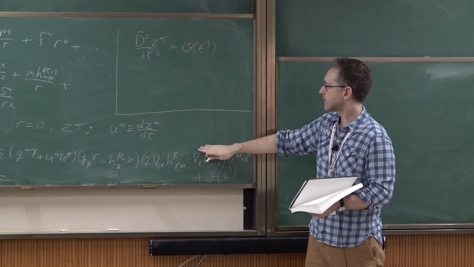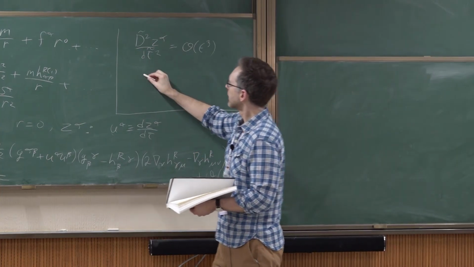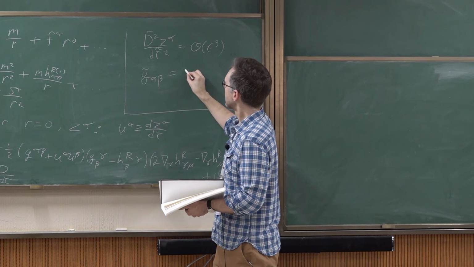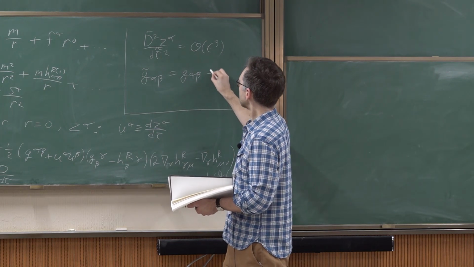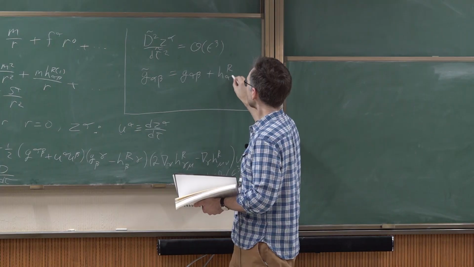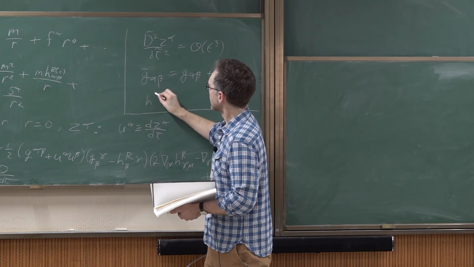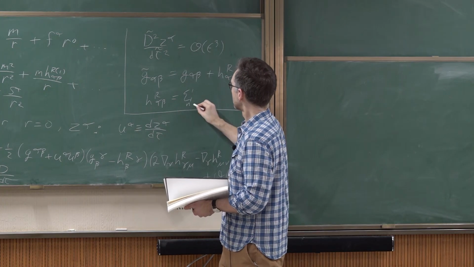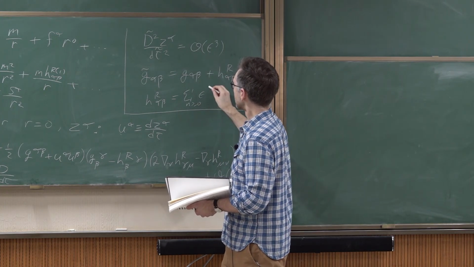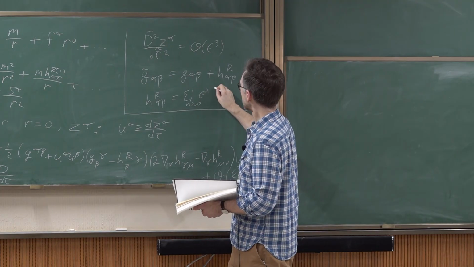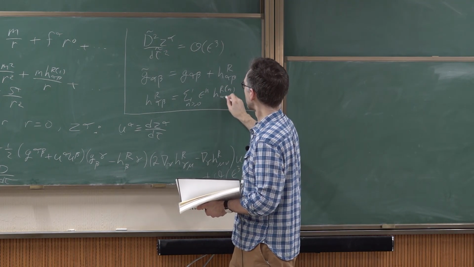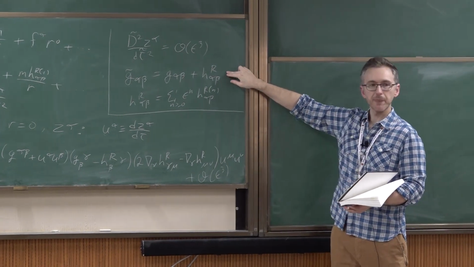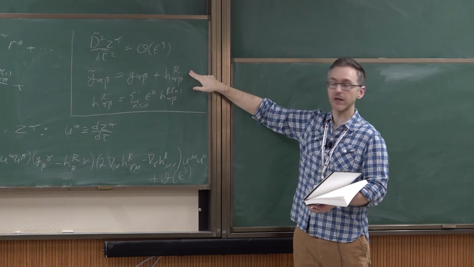And it's identical to this if I define an effective metric, G alpha beta. It's the external background plus this regular field. So here again, HR alpha beta with no indices. It's just the sum of all the HRNs, epsilon to n, HRN, alpha beta. And this effective metric is a vacuum smooth metric at r equals 0.